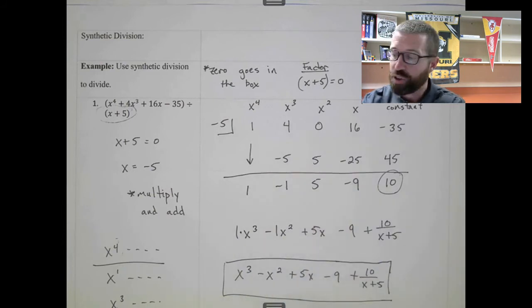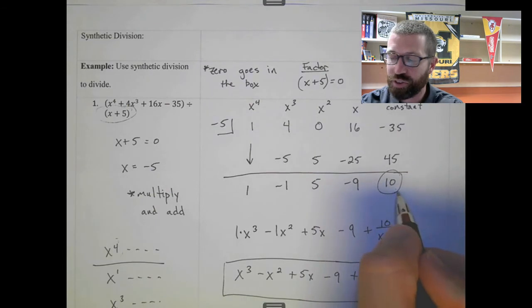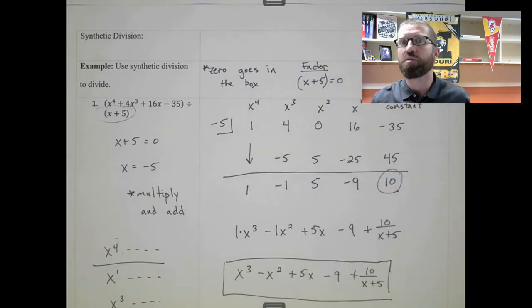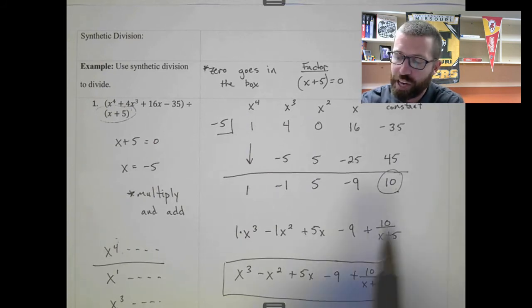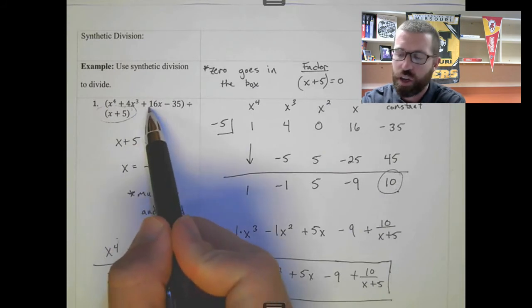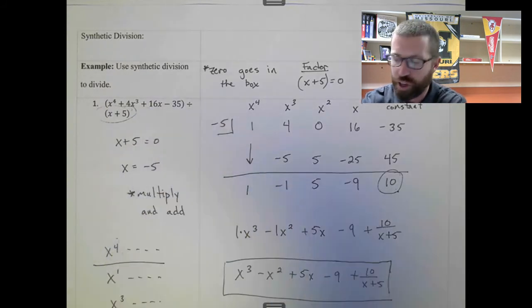Some other things is you can see that this problem has a remainder. Think about normal division. If I do 11 divided by 2, that gives me a remainder. So 2 is not a factor of 11. So this polynomial x plus 5 is not a factor of this polynomial. We could say that.